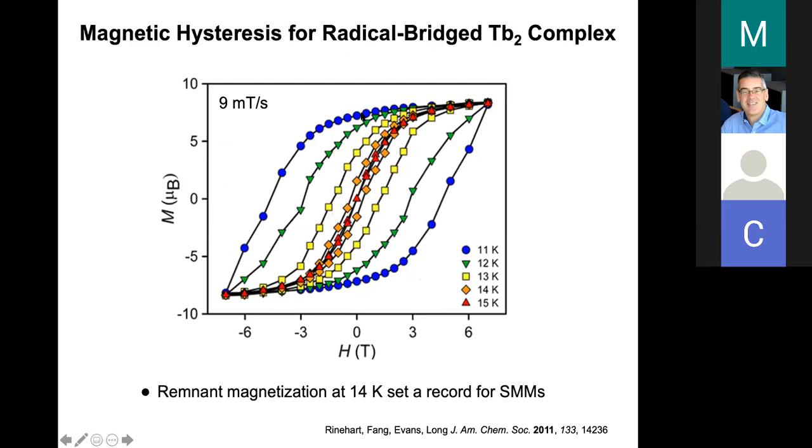And so tunneling is very much suppressed by the formation of this large moment ground state. And that allows you to see these very large open hysteresis loops with very large coercive fields. Here it's out past 3 Tesla.